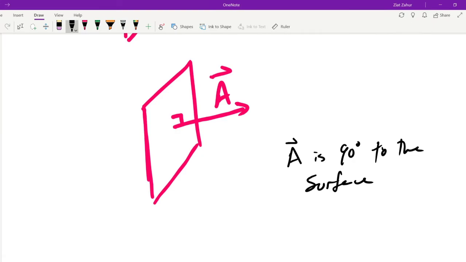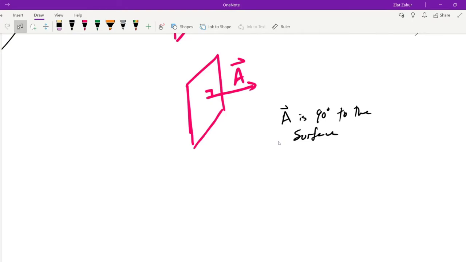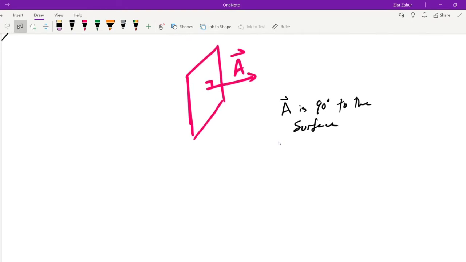Now, from here we can capture all of the electric field.